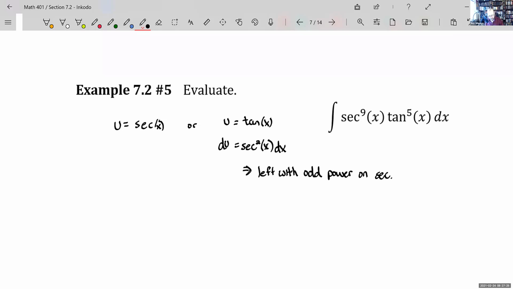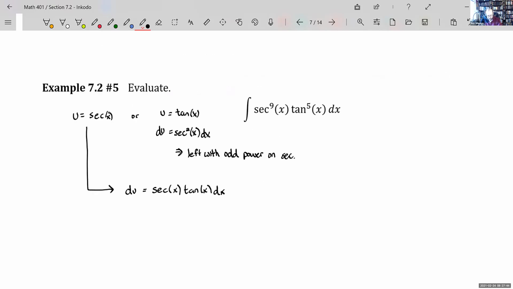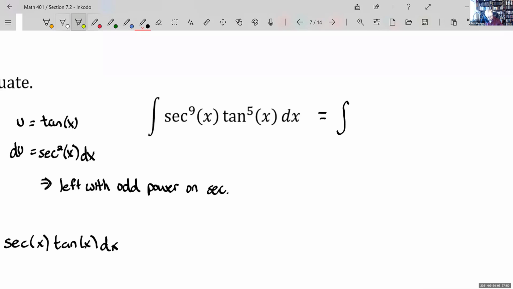So instead, if you just think about the derivative of the secant, it steals away a power of the secant and a power of the tangent. Yep, that's an x there. And so our integral, if you did u equals secant, you're going to steal away 1 power of secant and 1 power of tangent and the dx.